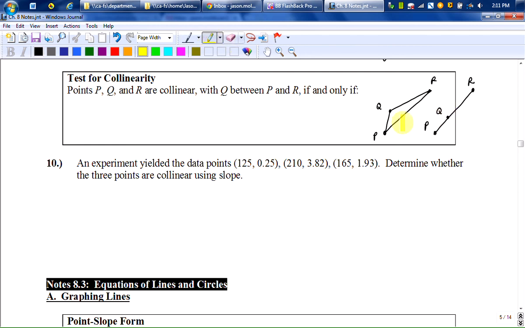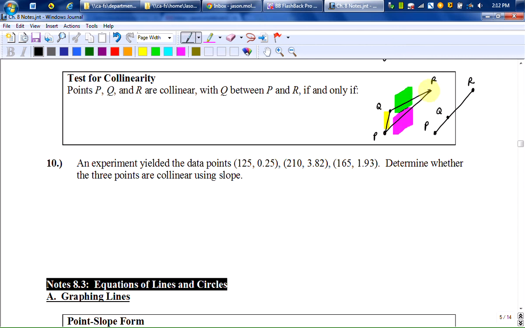And what we see with the case of the triangle is that PQ can't be parallel or have the same slope or be on top of QR, which again can't have the same slope or be parallel or on top of PR if this is forming a triangle. So we would get 3 different values for the slopes for the 3 different sides of the triangle.